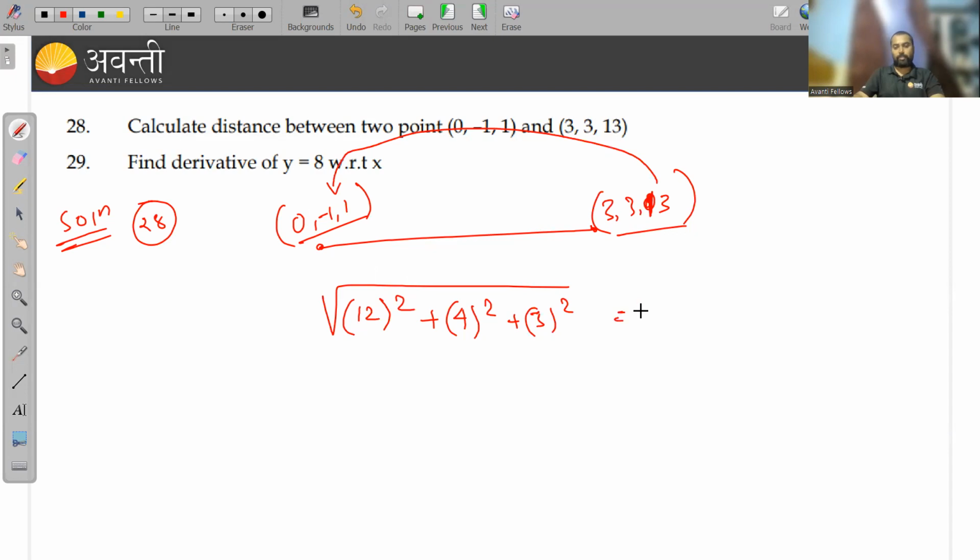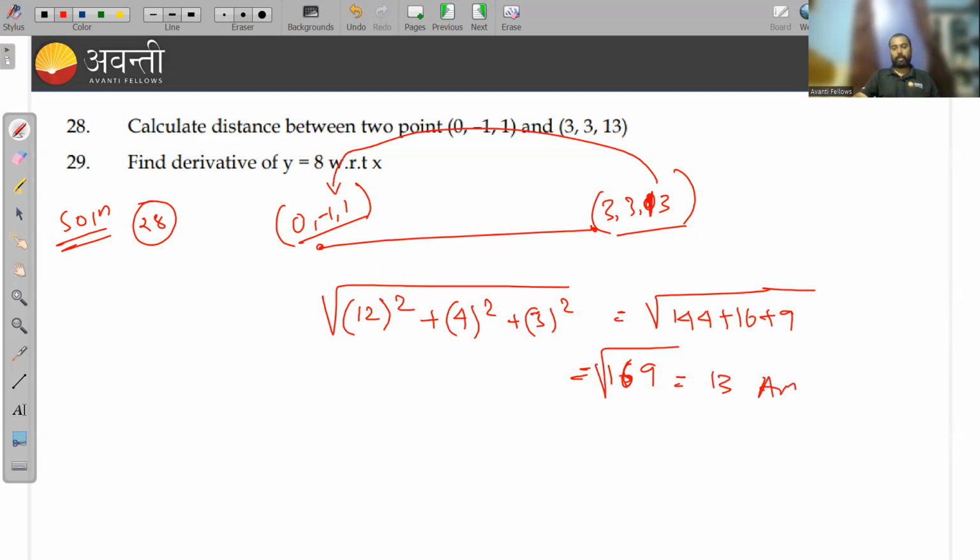So this will be the root of 144 plus 16 plus 9, which is the root of 169, that is 13. So the correct answer is 13.